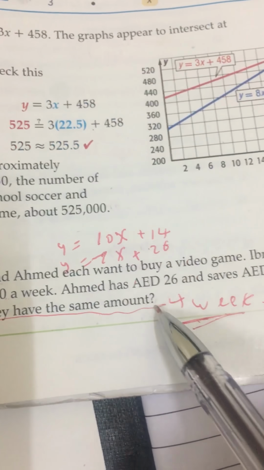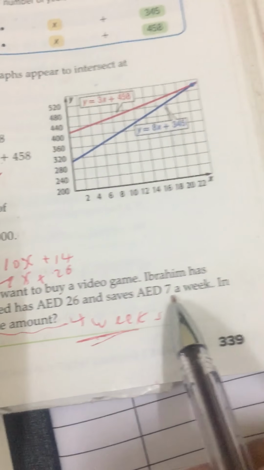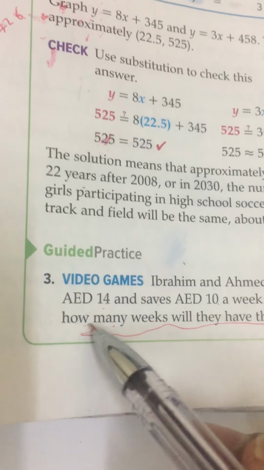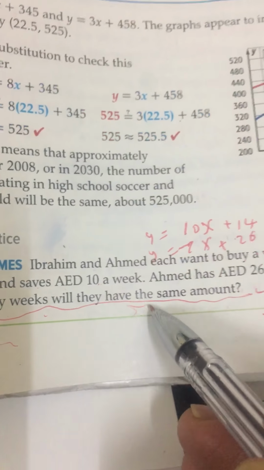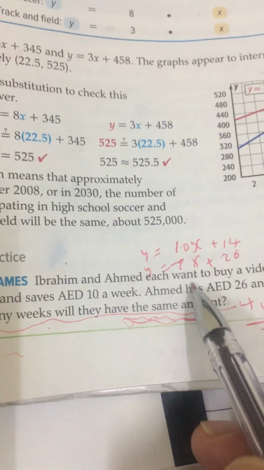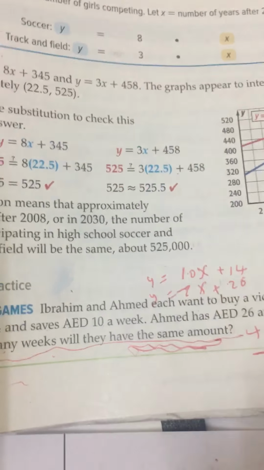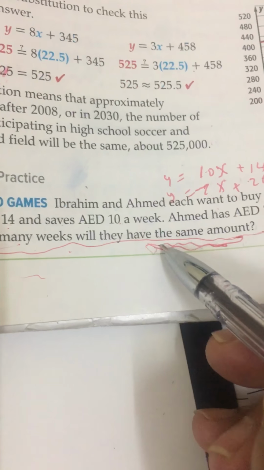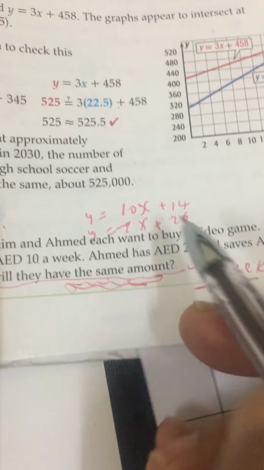Ahmed has 26 and saves 7 a week, so 7x, because 7 a week, plus 26. He asked how many weeks until they have the same amount. The same amount means equals.